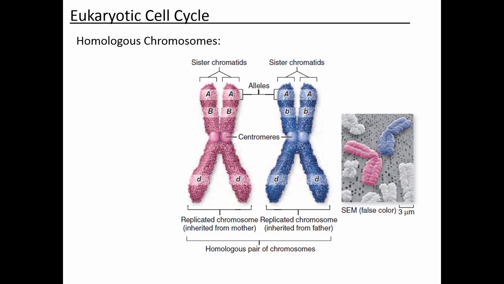They carry a capital B allele on the pink chromosome and a lowercase b allele on the other. It's still gene B, just different forms of gene B, and that's going to make those two homologous chromosomes different from each other. So again, same set of genes, but they can carry different alleles for the same genes.